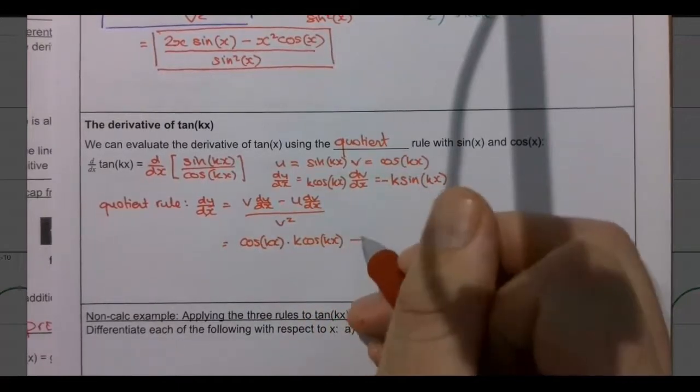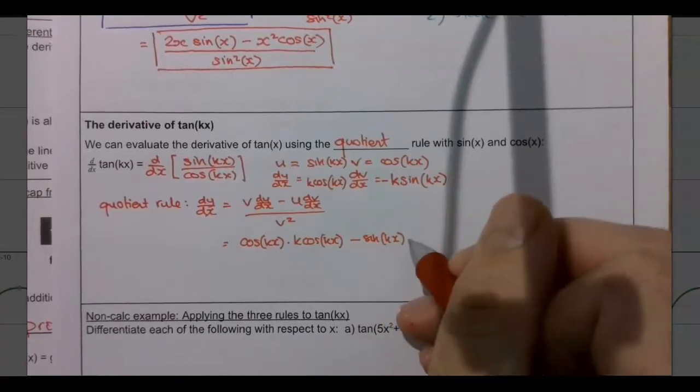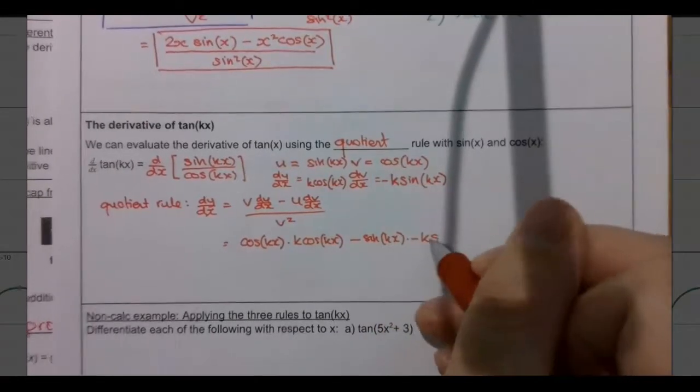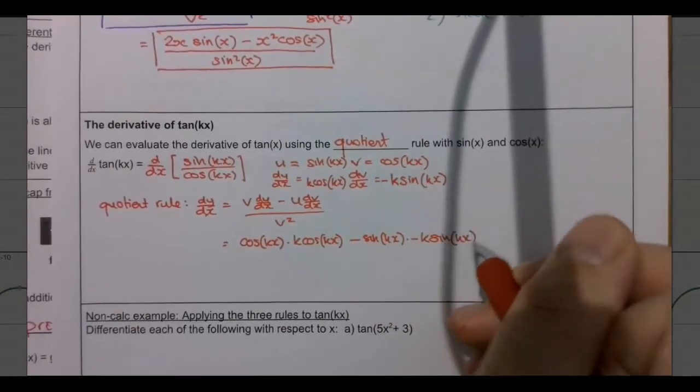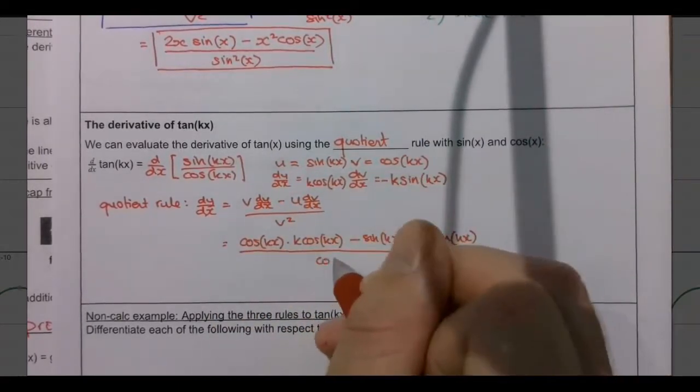I have minus sine of kx multiplied by minus k sine of kx, and that is all over cos of kx squared.